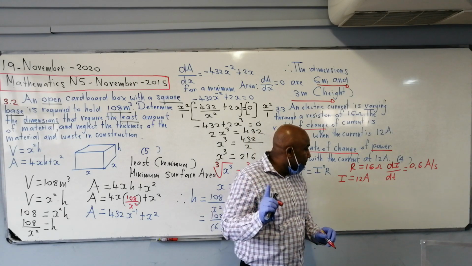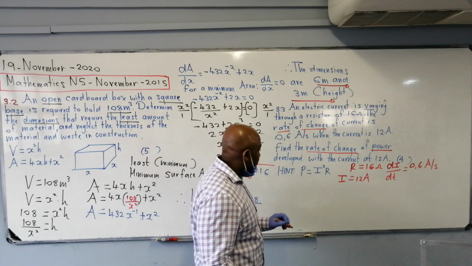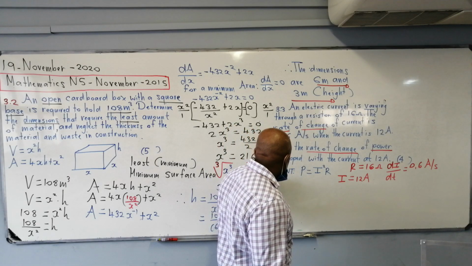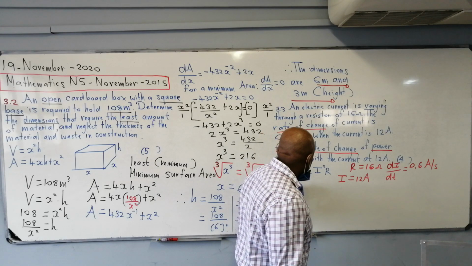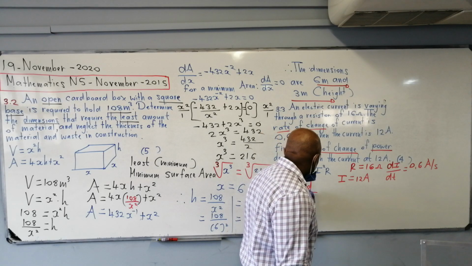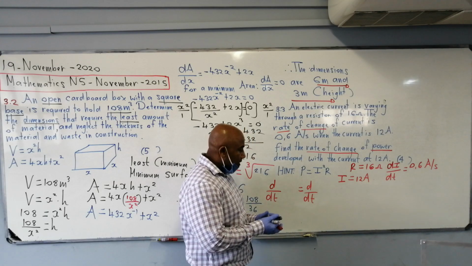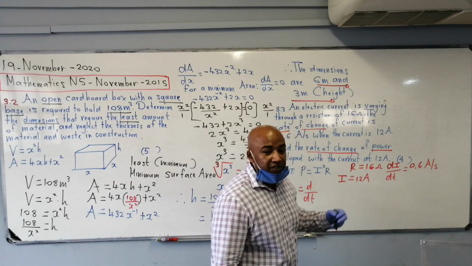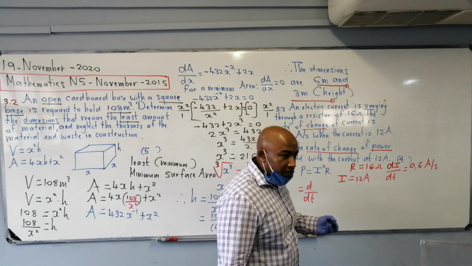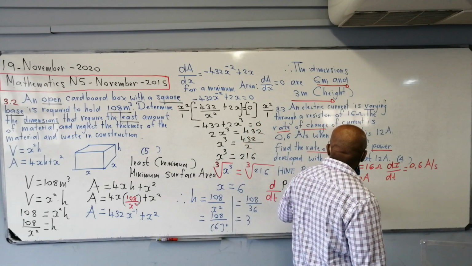This is implicit differentiation. Okay, so I'm going to go d over dt of both sides. I'm differentiating power with respect to time. That means I have to differentiate I squared R also with respect to time.